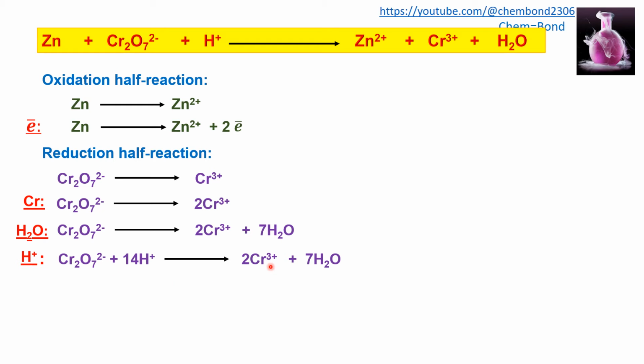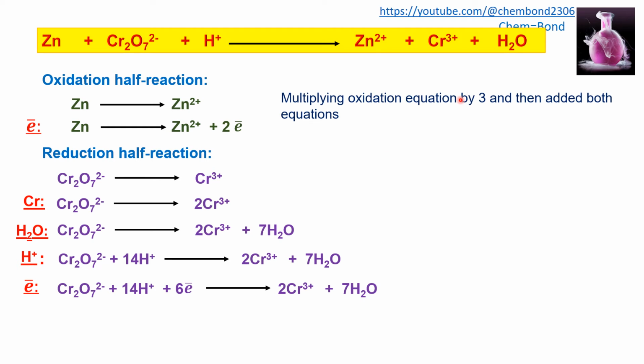Here is plus 6 and here is plus 12. So we will convert this plus 12 into plus 6 by adding 6 electrons over this side. Plus 14 and minus 2 produce plus 12, and minus 6 produces plus 6. Plus 6 over this side and plus 6 over this side. Now the charge is balanced.